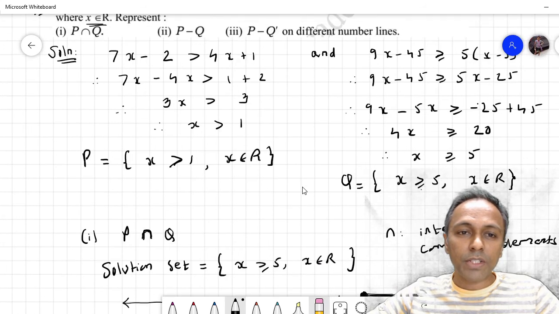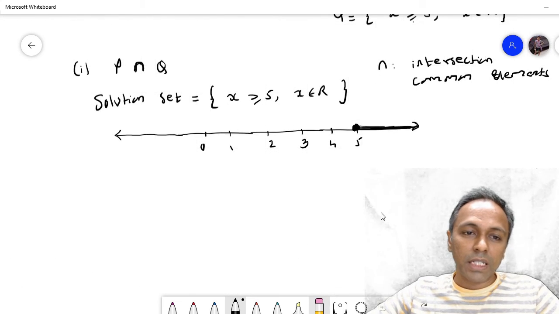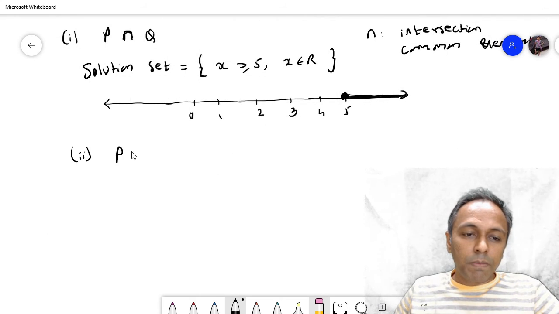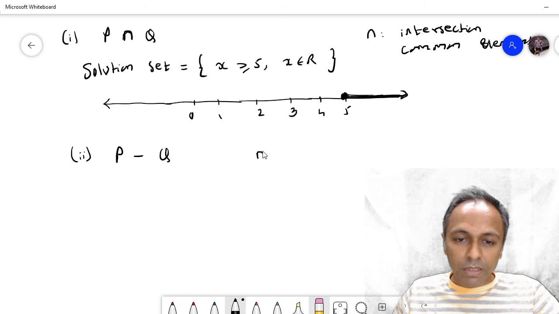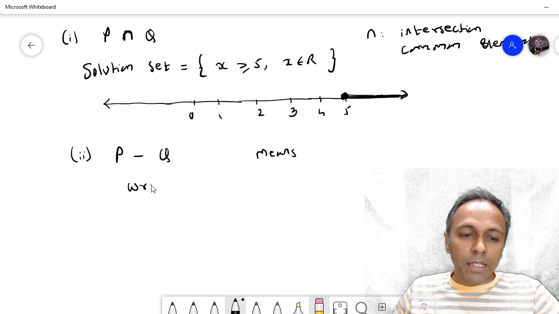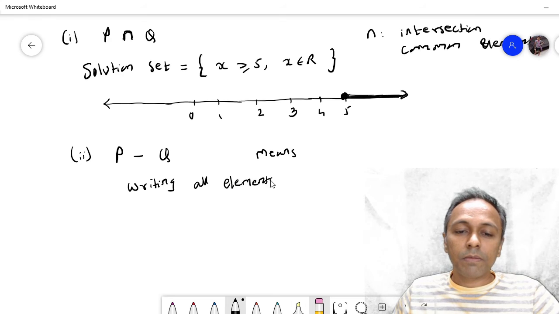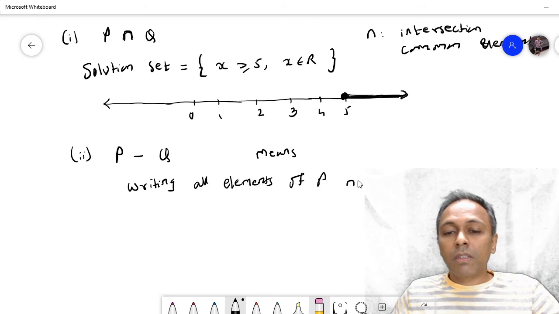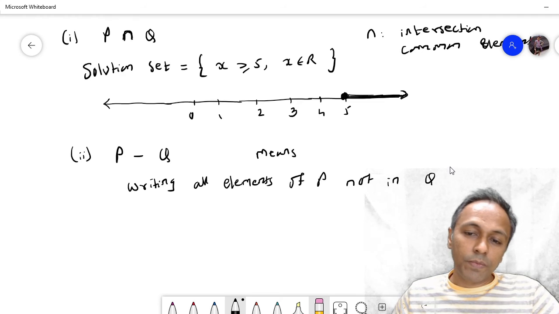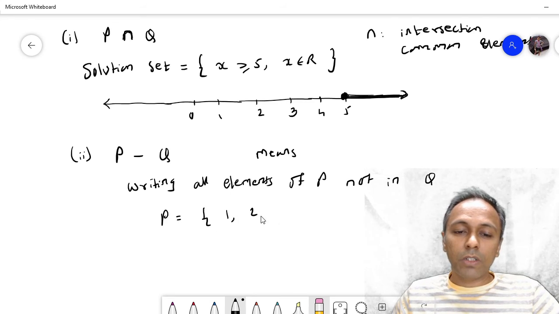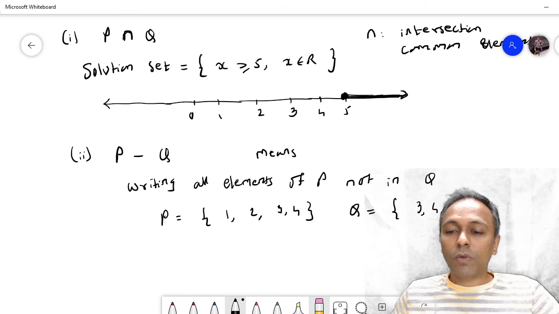The second question is P minus Q. P minus Q means writing or listing all elements of P not in Q. मतलब P के जितने भी एलिमेंट्स हैं, एक एग्जांपल लेते हैं, 1 2 3 4 और Q में है 3 4 5 6. ठीक है, ये दो सेट हैं.